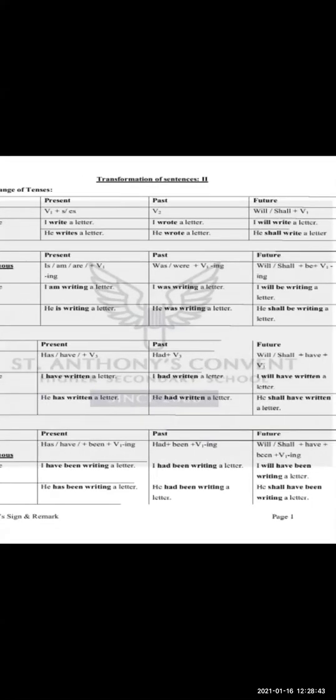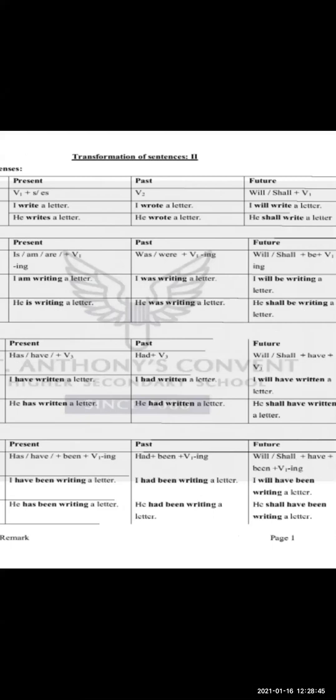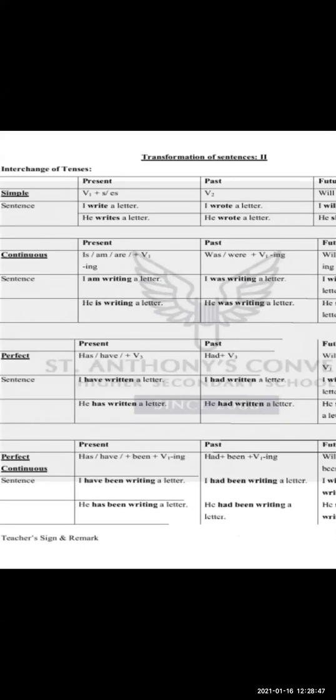So this is about a grammar topic, the transformation of sentences, where we see different tenses: simple sentences, continuous sentences, perfect sentences, and perfect continuous sentences. In that we see simple present tense, simple past tense, simple future tense.